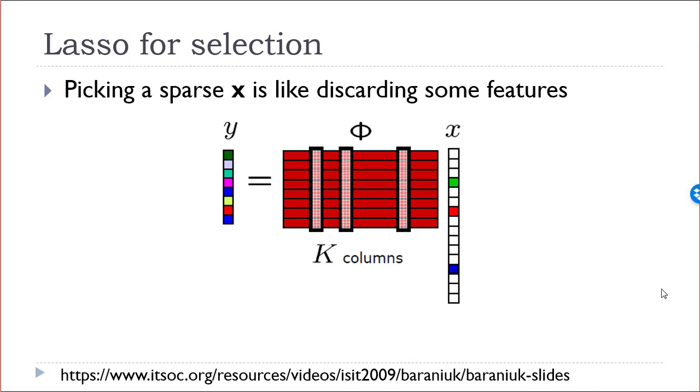In other words, picking a sparse X is like discarding most of the columns of the matrix phi and keeping only a few. If the columns of matrix phi encode the features, then we are essentially selecting the features that can reasonably describe our observations while discarding all other features.